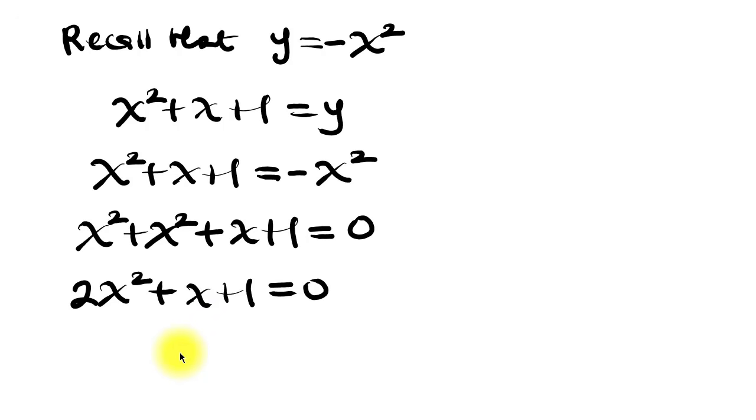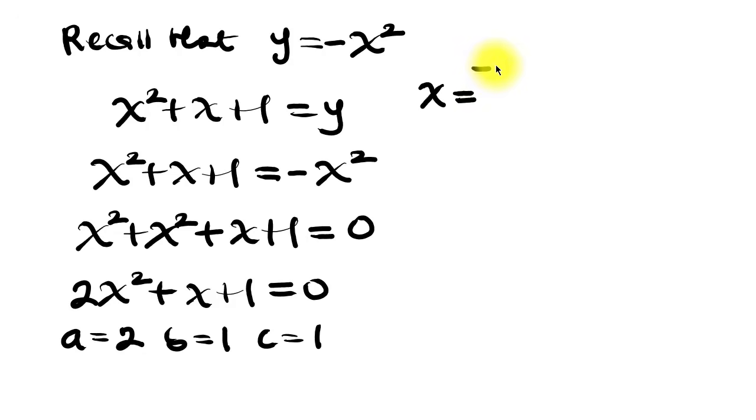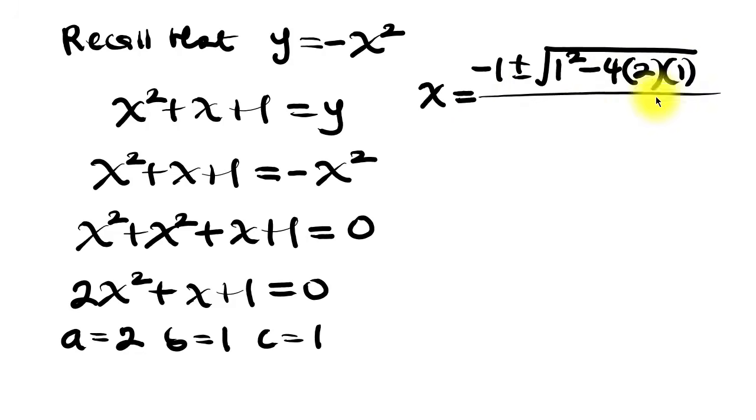Now using the quadratic formula once more, our a here will be 2, our b is 1, and our c is also 1. Now our quadratic formula, x is equal to negative b, which is negative 1, plus or minus the square root of b squared, that'll be 1 squared, minus 4 times a which is 2, times c which is 1, all over 2 times a, that is 2 times 2.